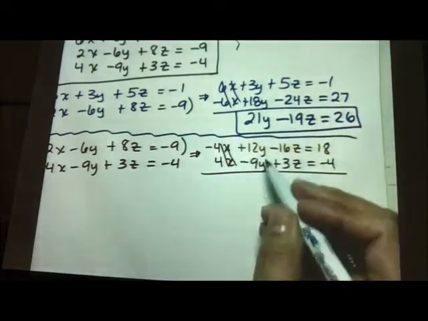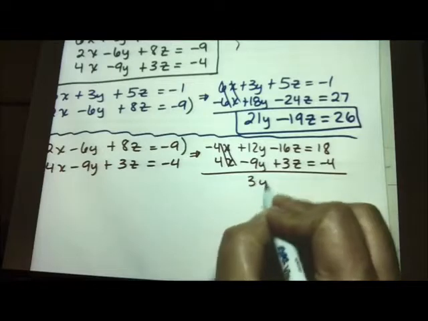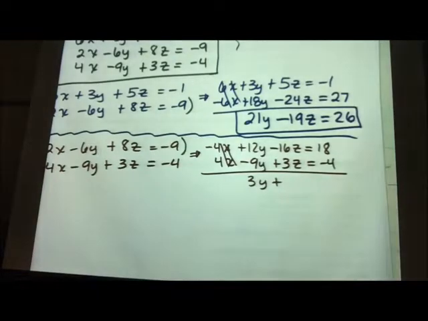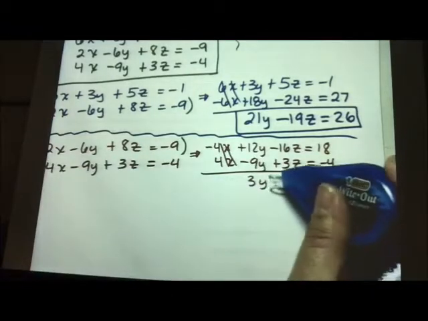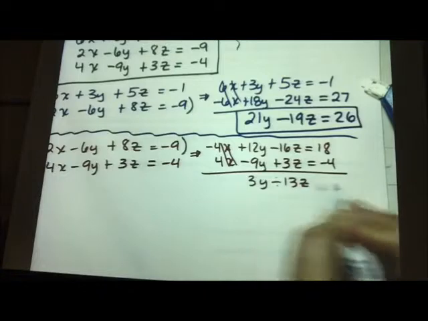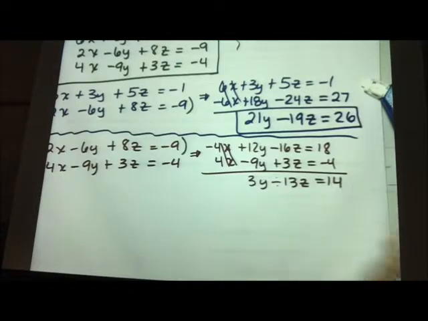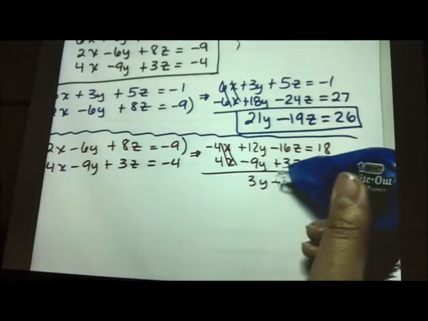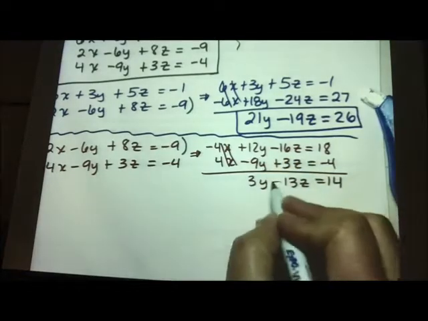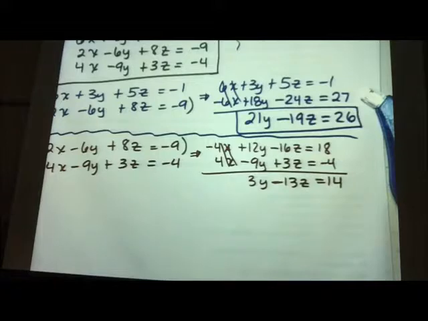Yes. 12 minus 9, 3y, negative 16 plus 3, that would be a negative 13, sorry. So negative 13z equals 14. Make sure we know that's a negative. So negative 13z equals 14.